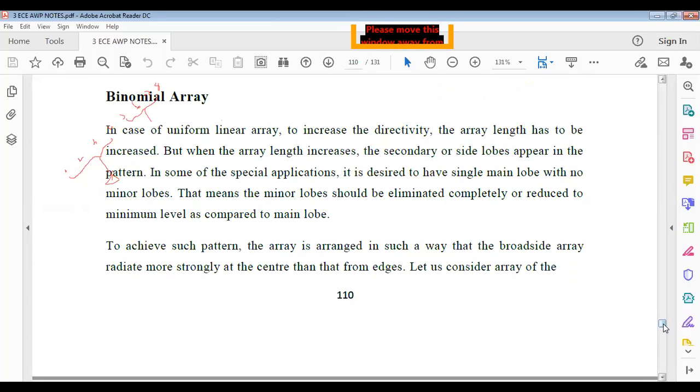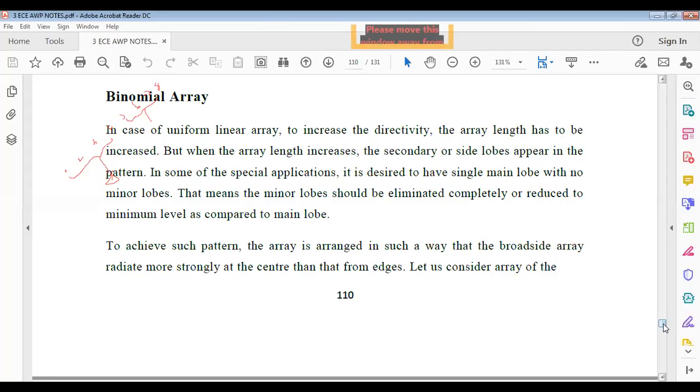Then what is the purpose of this binomial array? Just like in pattern multiplication, we found the resultant radiation pattern of an array of antennas, all those antennas equally excited. But it is possible to obtain the resultant radiation pattern if those point sources are excited with identical current magnitude.